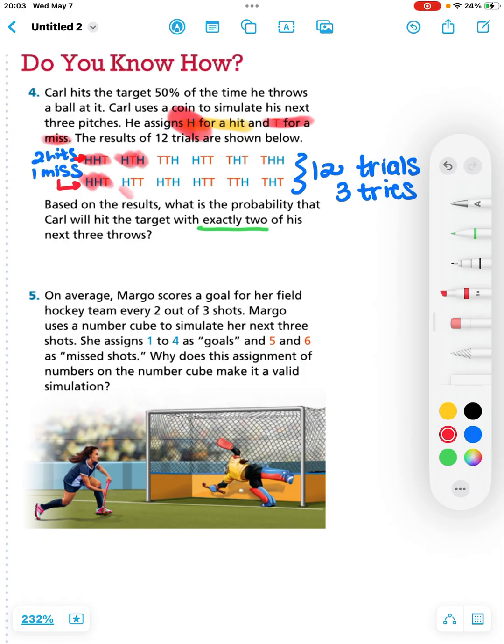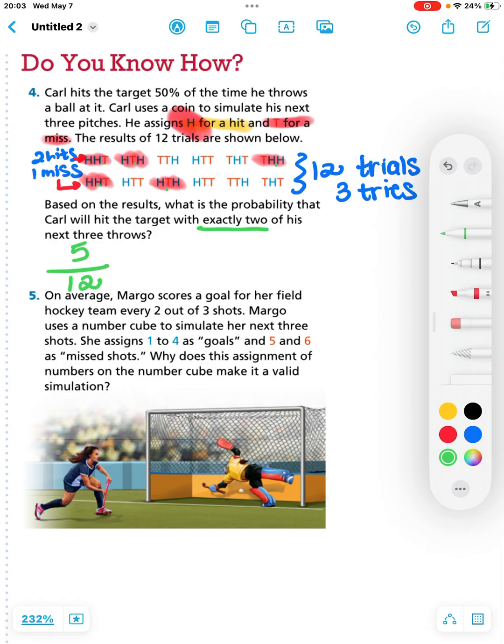Down below, that is not 2 H's, so I would not highlight that. I would highlight each that has 2 H's. Well, count them up. I've highlighted 1, 2, 3, 4, 5 out of the 12. So therefore, this probability would be 5 out of 12.